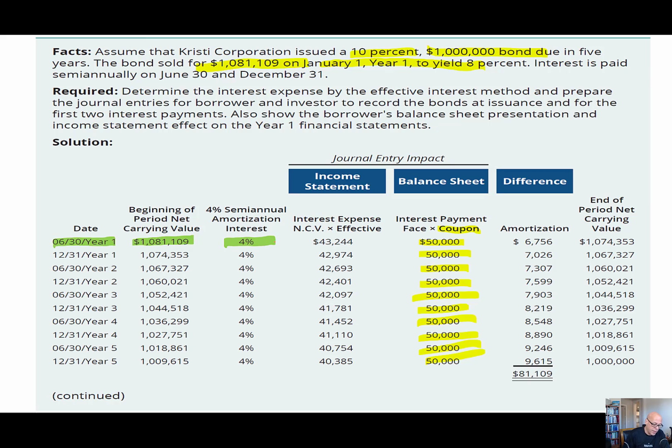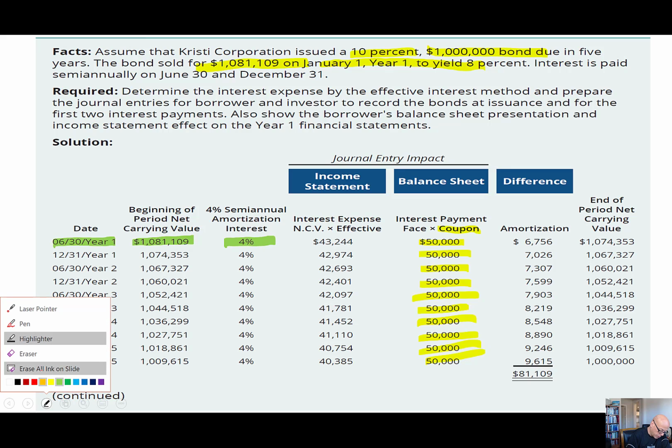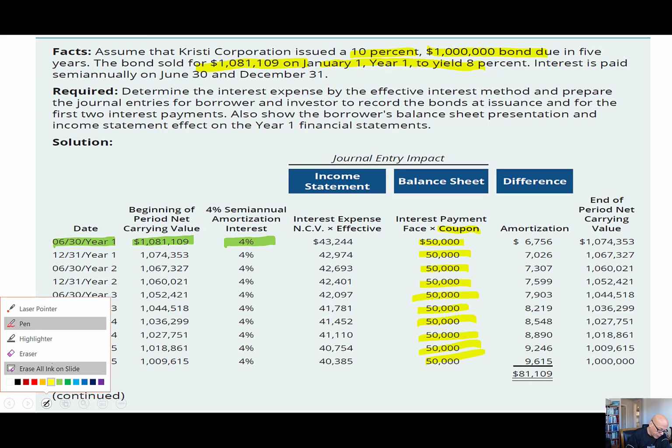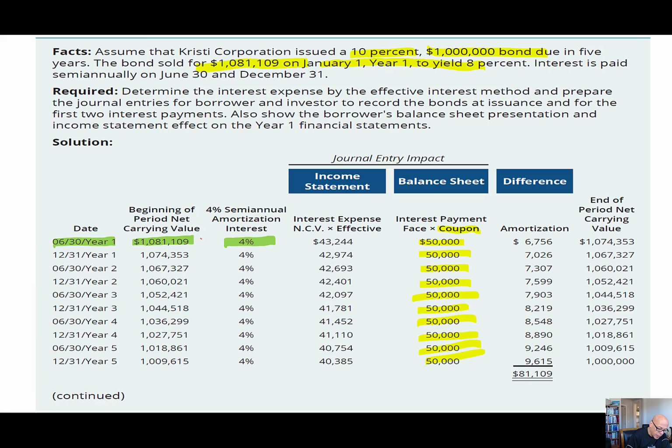We multiply that by the 4%. Okay, that equals $43,244. We compare that to what? To the $50,000. That's going to always be the same. That gives me the amortization of the premium.